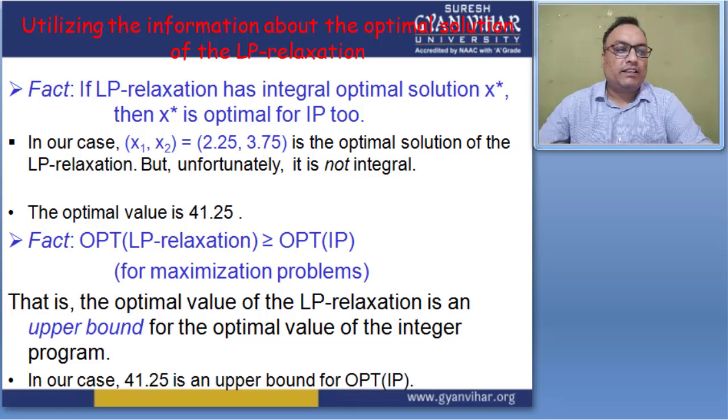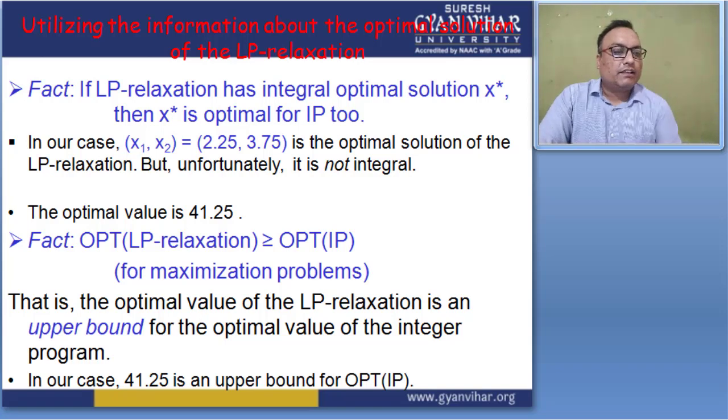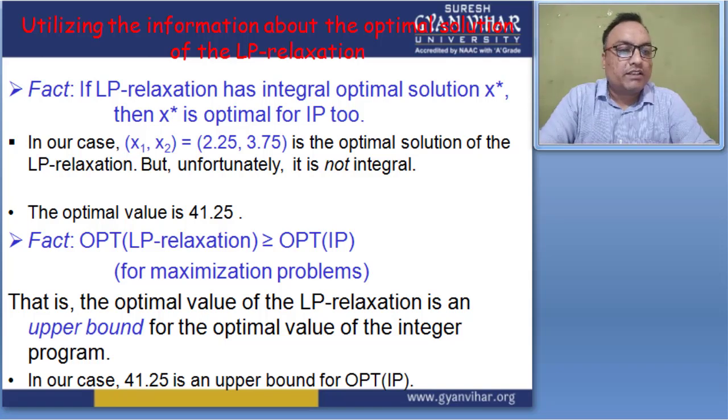So the LP relaxation is an upper bound for the optimal value of the integer program. In this case, 41.25 is an upper bound for the optimal value of the integer programming.